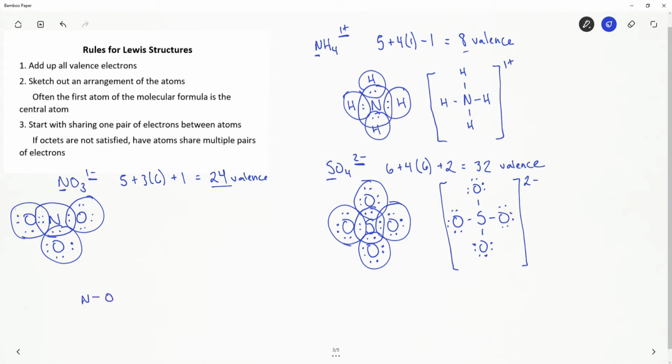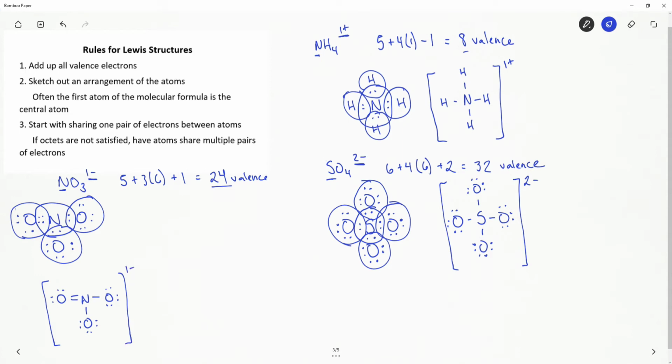So we've got a single bond here, a single bond here, and a double bond to this oxygen. Now let's put in our lone pairs. Let's see, this one has 3. This oxygen also has 3 lone pairs, and let's not forget our brackets or our charge.